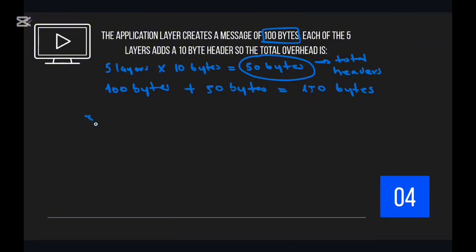But the efficiency is equal to the ratio of application data to the total data transmitted.